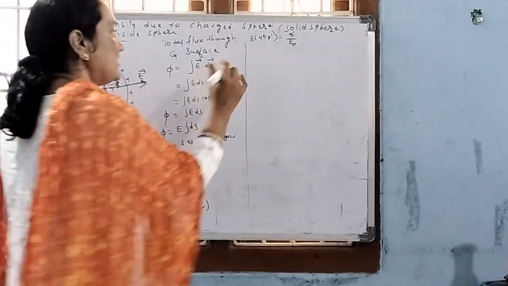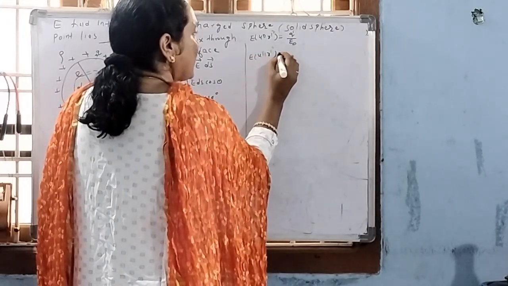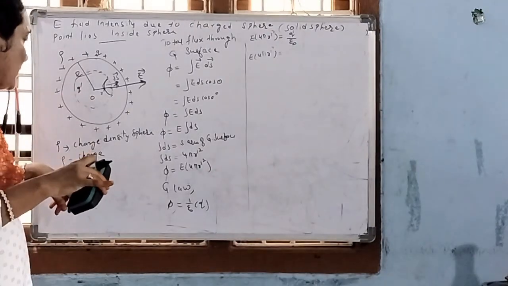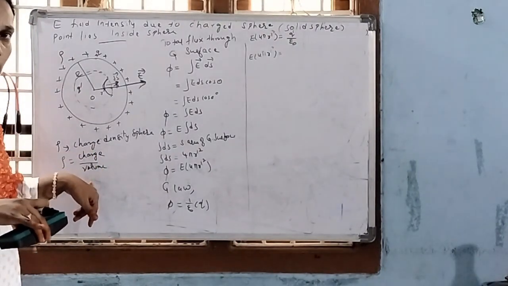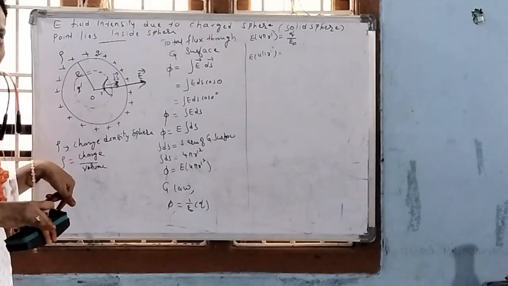Now next, E 4 pi r dash square equal to, now how can I write q dash? Here, we define the charge density as charge by volume. So charge will be equal to volume into charge density.